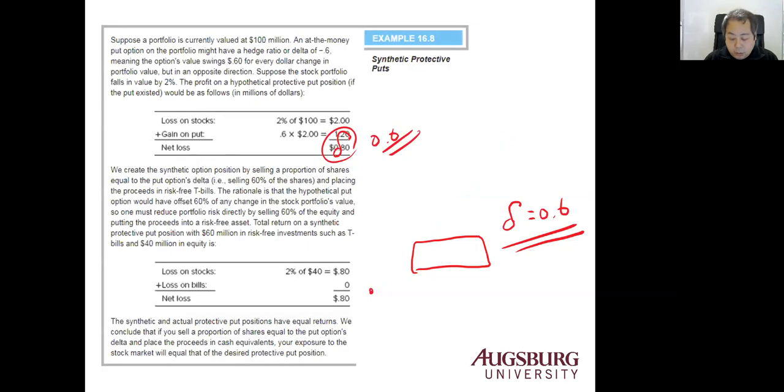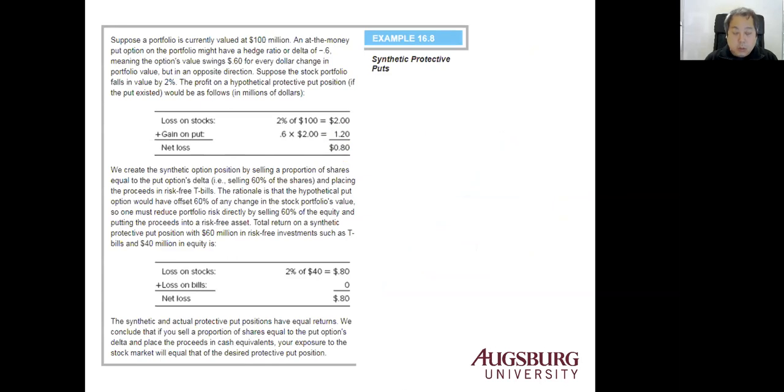So finally, using this hedge ratio, we can use the synthetic protective put strategy. Suppose a portfolio is currently valued at $100 million, and an at-the-money put option on the portfolio might have a hedge ratio, so delta, of negative 0.6.